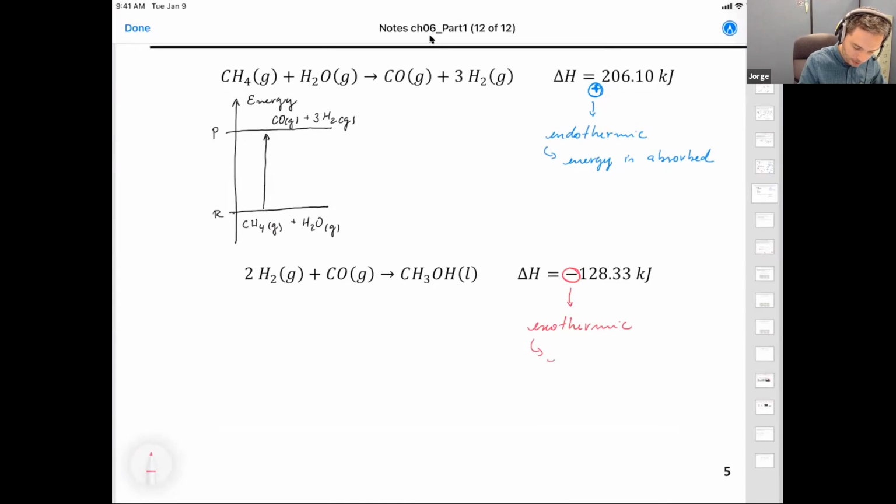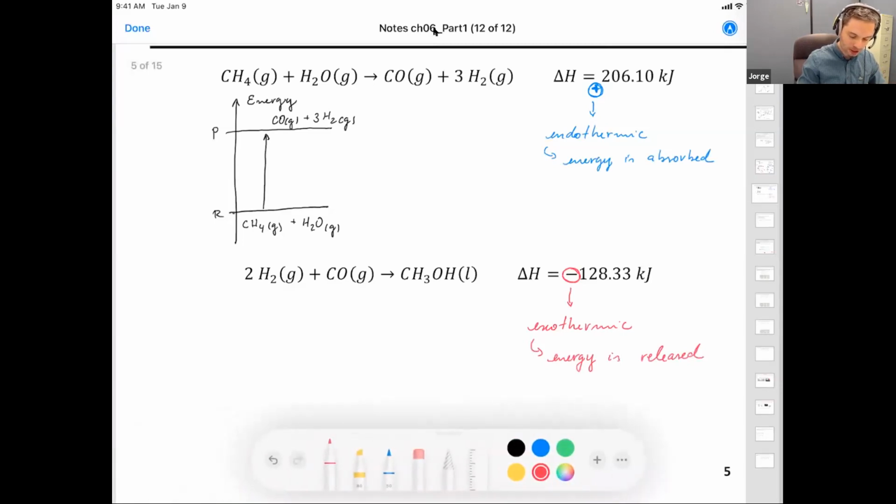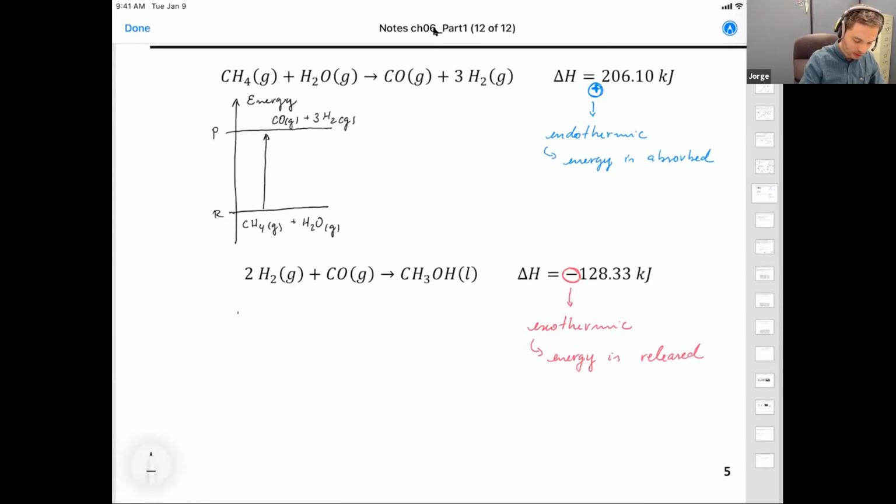Meaning energy is released. Okay. Any exothermic reaction will release energy to the outside. Now let's draw the energy diagram for the reaction shown here.